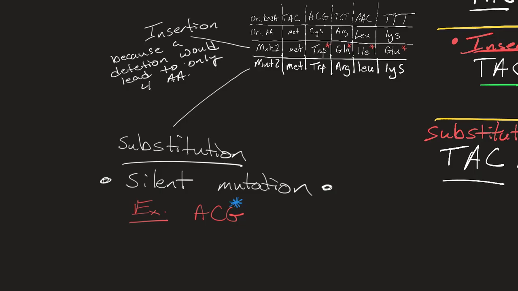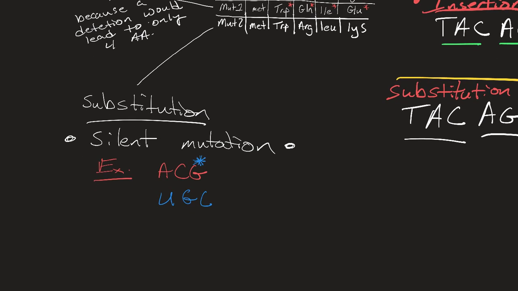ACG, and I'm reading this wrong actually, because ACG is the DNA. I'd have to transcribe that into UGC, correct? UGC is cysteine, okay? So that's what it is normally.